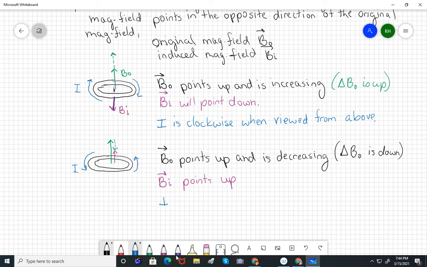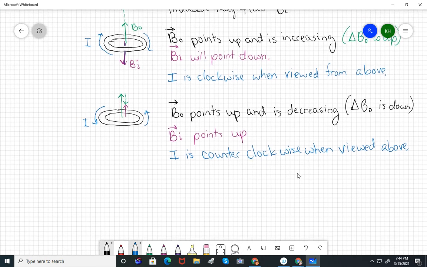That means I is counterclockwise when viewed from above. Now you have to read problems, whether you're viewing from above or viewing from the left, but from the point of view that you're looking down on the situation, I will be counterclockwise. Okay, let's try a couple more.